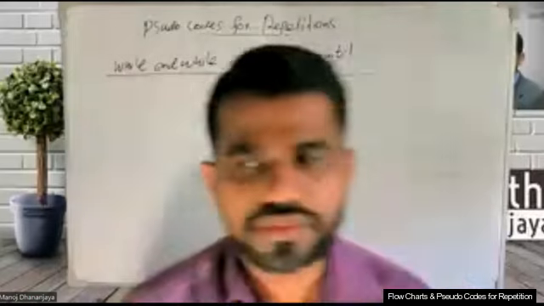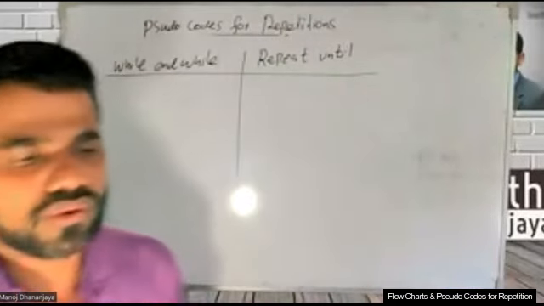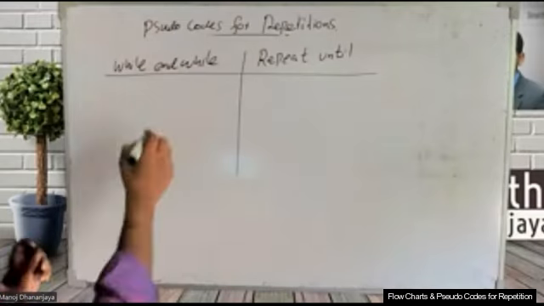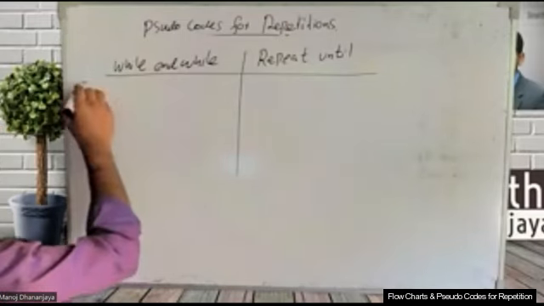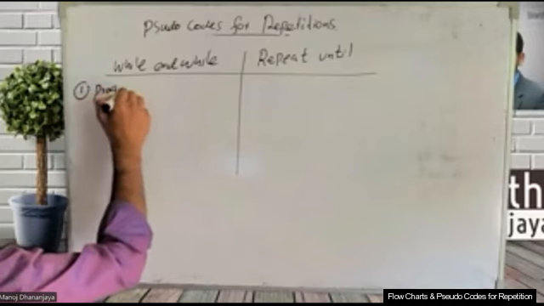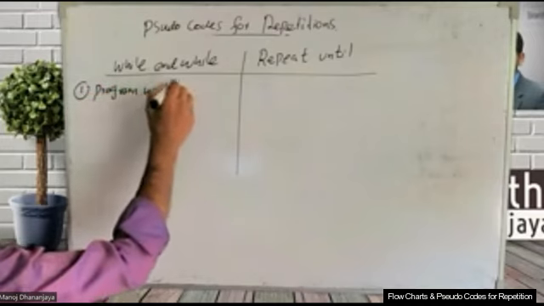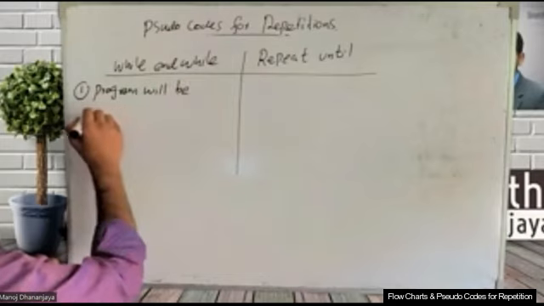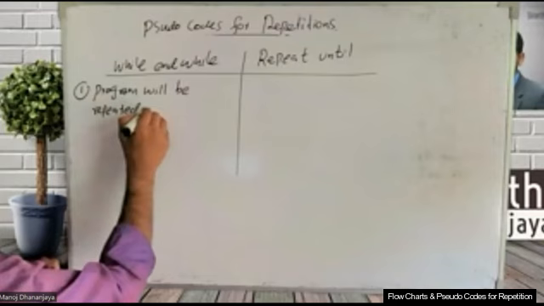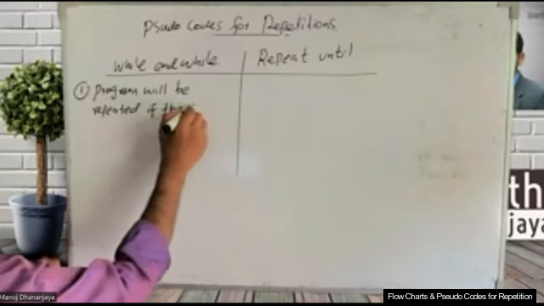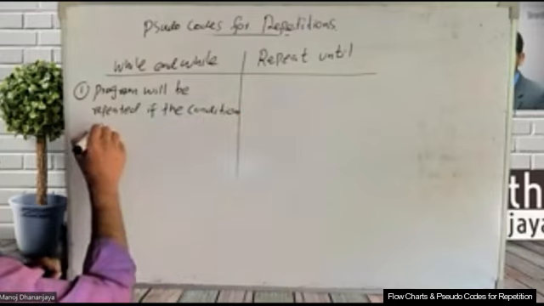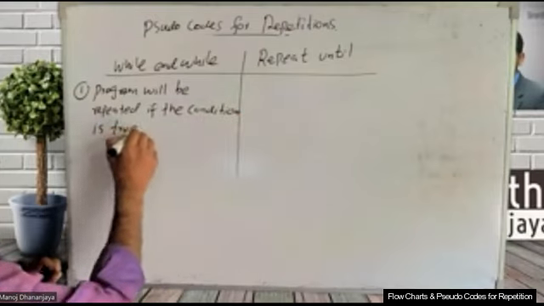Right, then we'll write only the main two differences between these two. On the while side, you can write: program will be repeated if the condition is true.